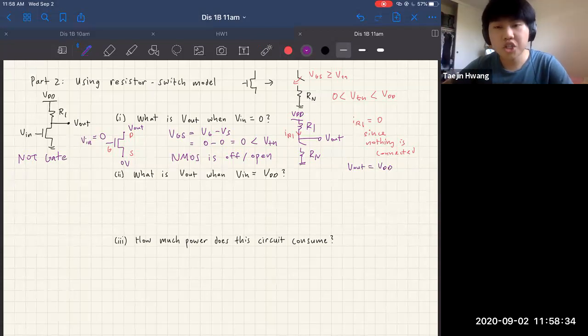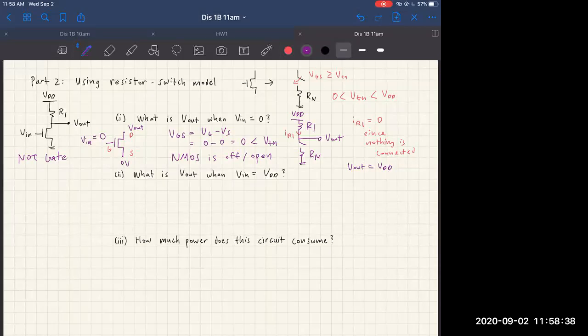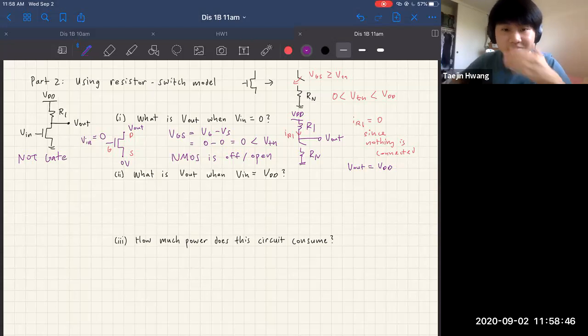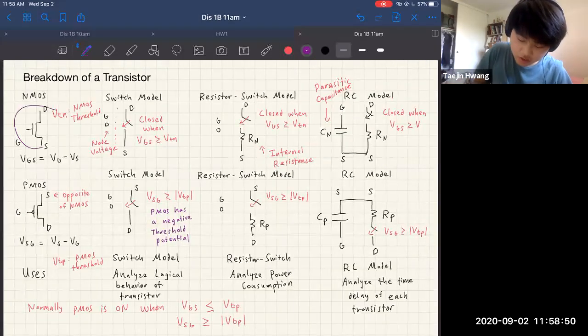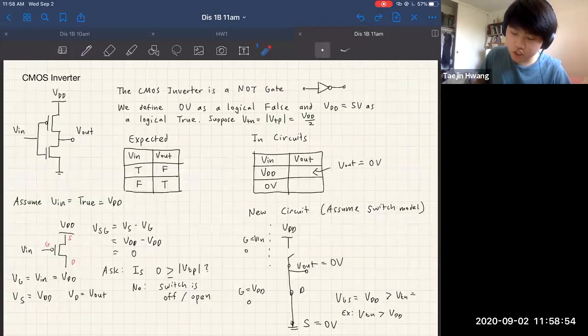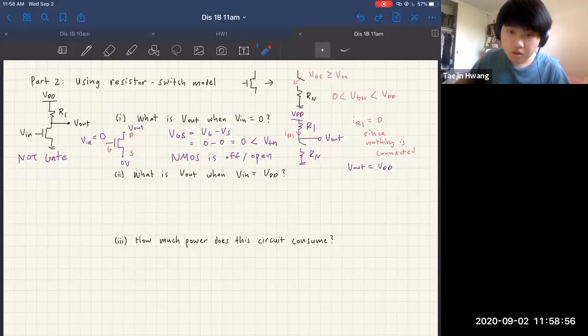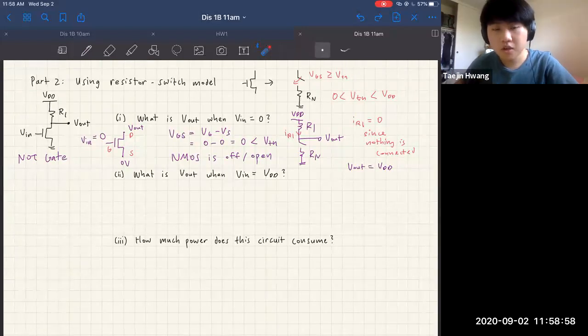Do we have any questions about the process? So to figure out which nodes are S and D, do you just use the convention that you said earlier? Yeah. I would mainly just try to follow these conventions here. But normally if you're unsure, source will always be the lower potential for the NMOS and drain will always be the higher potential.